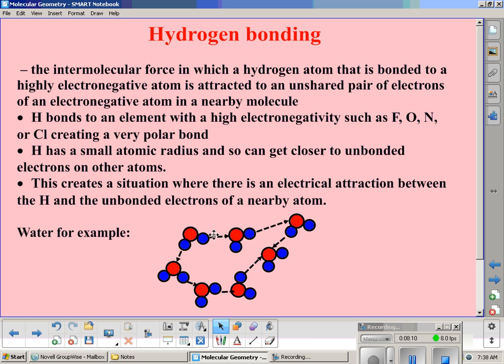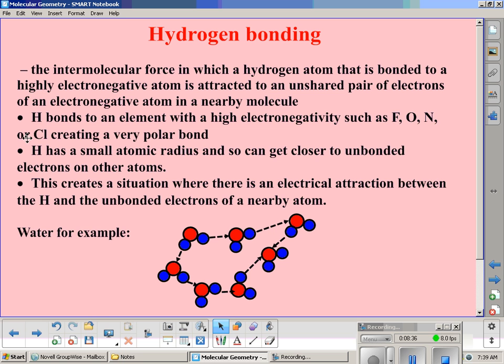Hydrogen's very small, it can get in really close to unbonded electrons. It won't bond with them, but it will be attracted, because here we have positive, here we have negative. And if that goes throughout your whole sample of water, it tends to hold it together. This is the reason why if ever you spill some water, it sort of beads up or puddles up. It doesn't just fly everywhere. Water sort of sticks together.